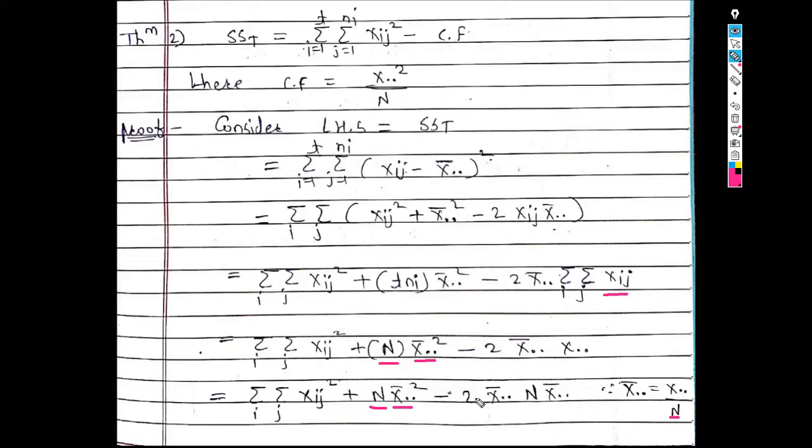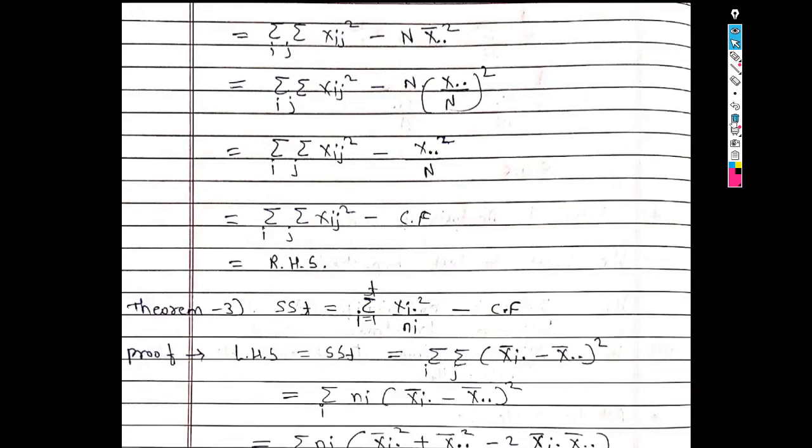So here we get 2 times capital N into x dot dot bar squared. So this plus N into x dot dot bar squared minus 2 times N into x dot dot bar squared. So in the next step we get summation x_ij squared minus capital N into x dot dot bar squared.